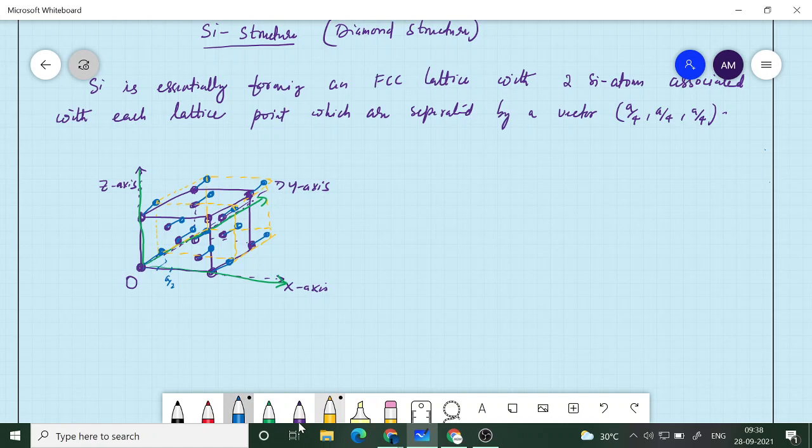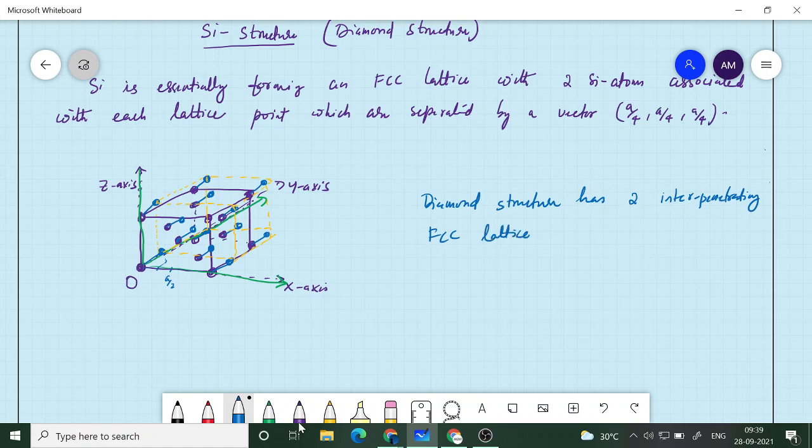So if you are thinking in this way, then we can write the diamond structure as two interpenetrating FCC lattices.